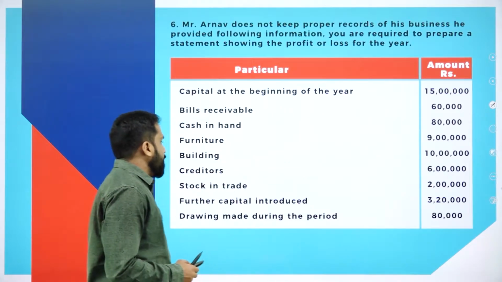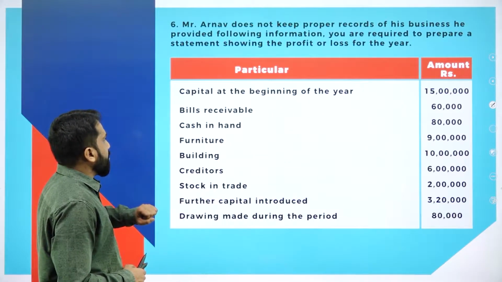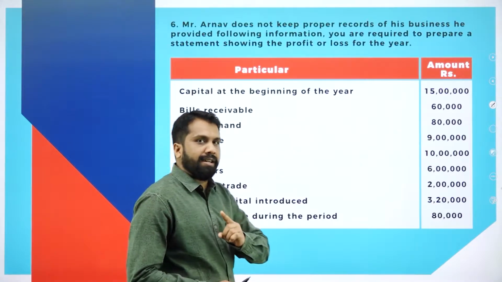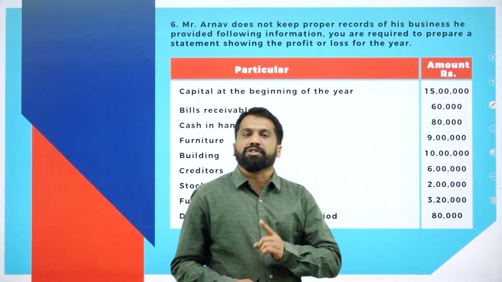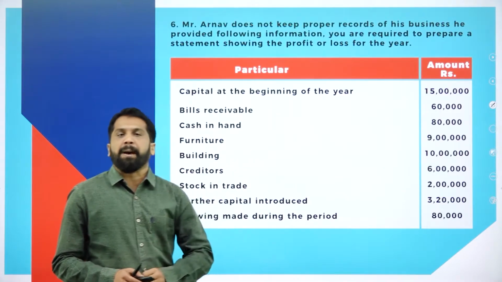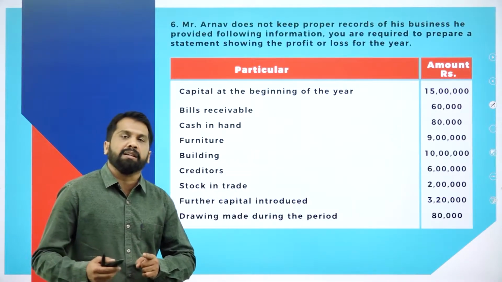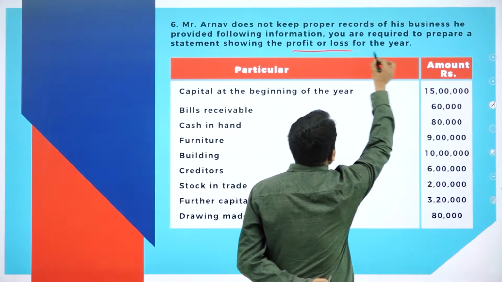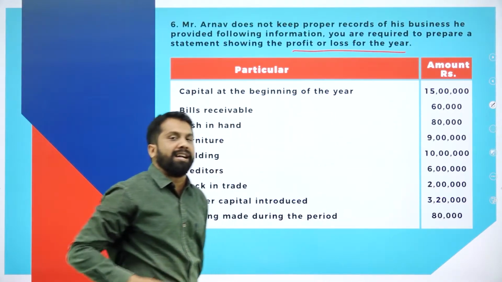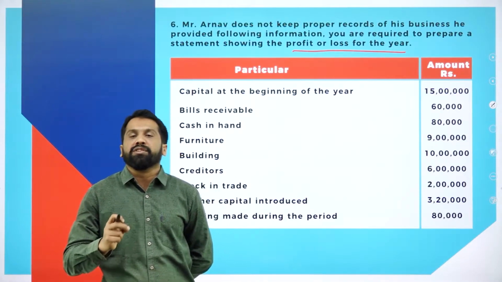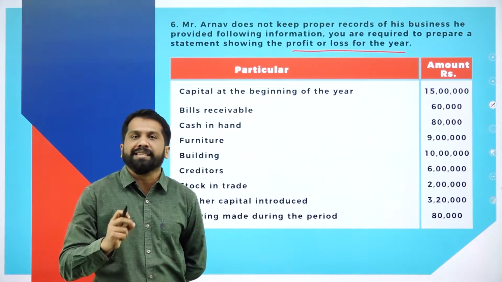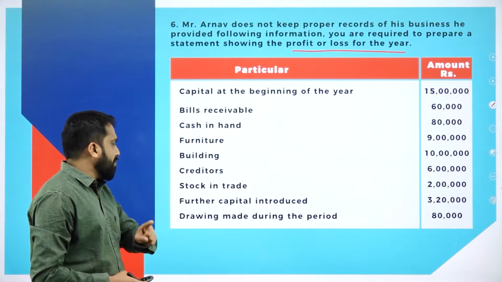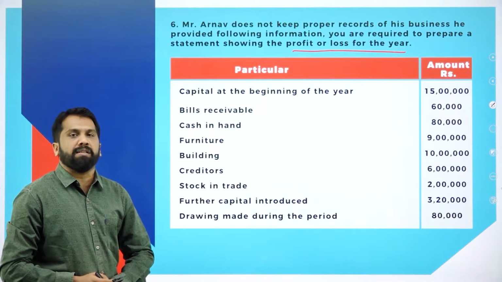Now, if you want to show profit or loss account, from where should you start? Remember, always start from closing capital. Clear? Again, I'll repeat. If you want to prepare profit or loss account, you should start with closing capital. Now, in the question, can you find closing capital?